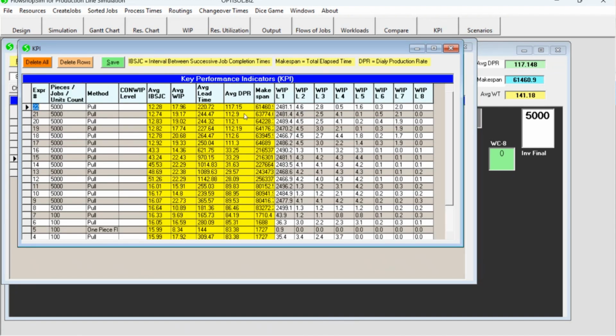Now I improved it to 117. This is a significant difference from 111. It improved substantially compared to reducing the cycle time at both workstations 3 and 5 by 20%, which gave 107.